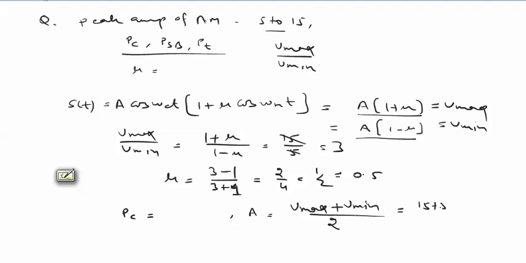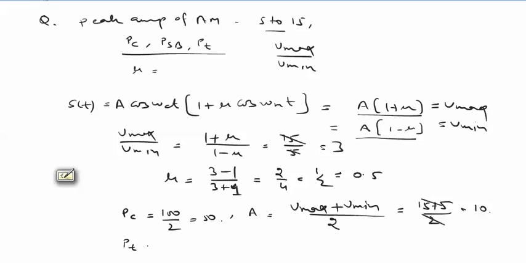Vmax 15 plus 5 divided by 2 is our solution, 10. For PC, 10 square divided by 2. If antenna resistance is R equals 1, PC equals 50 watt.